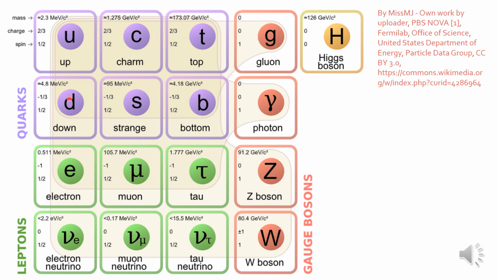Okay, so if we look at all of the matter that we see in everyday life, that's made of atoms, which are made of protons, neutrons, and electrons. And protons and neutrons are actually made from the up and the down quark. In fact, a proton is 2 ups and a down, and a neutron is 2 downs and an up.